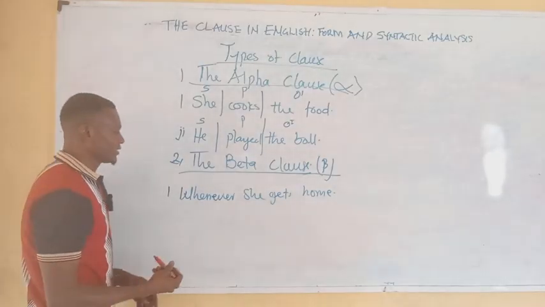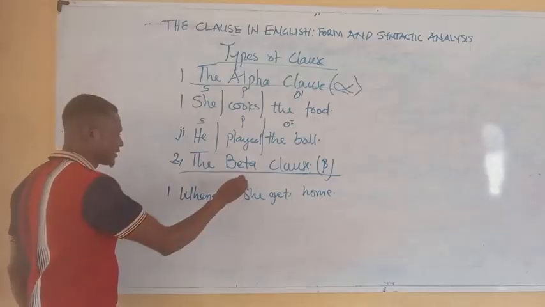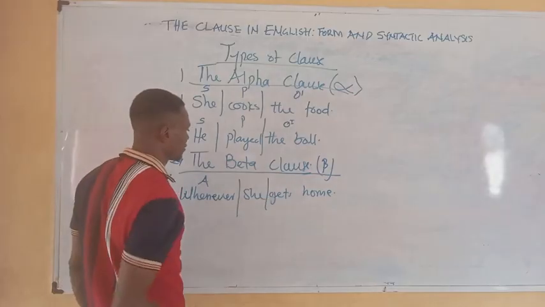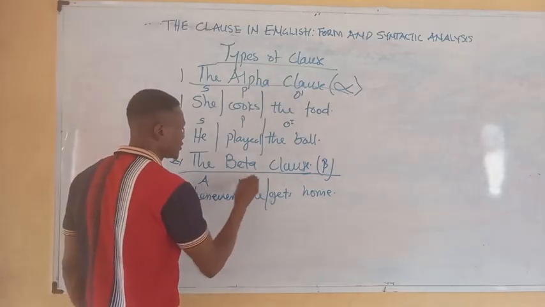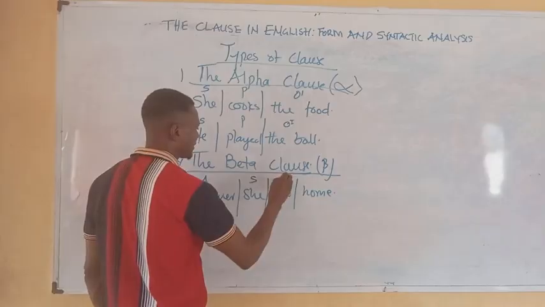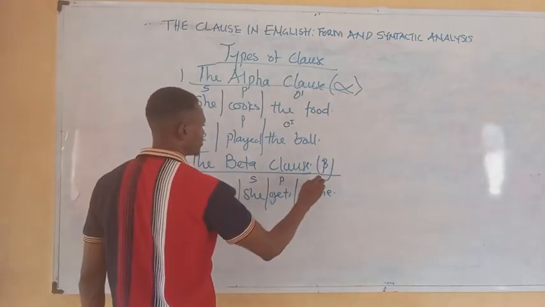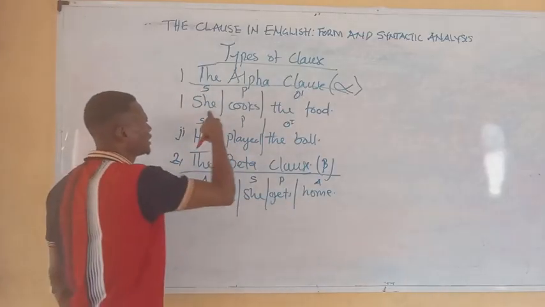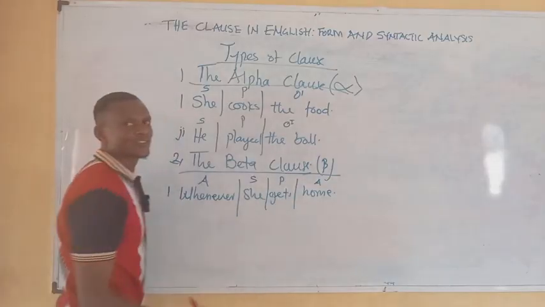The full meaning. Before that, let's do the analysis. Whenever is an adjunct, then she is the subject, then gets is the predicator, home is an adjunct. So, whenever she gets home, she cooks the food.